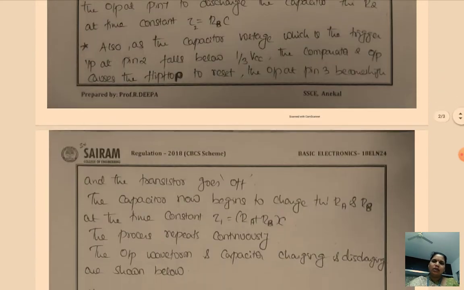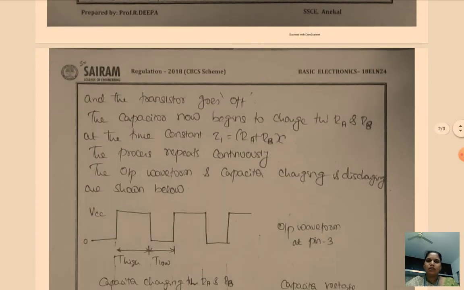Again the transistor goes to off state. If the transistor is in off state, the discharge pin 7 will allow the capacitor to start charging again through RA and RB with a time constant of RA plus RB into C, and the time constant is represented by tau 1.